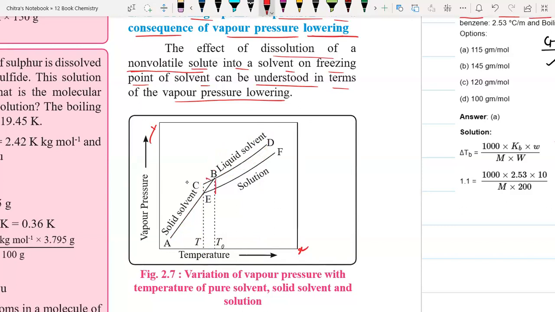That point is T0, the freezing point temperature of the pure solvent. But when we dissolve a non-volatile solute, it is going to lower up to here. That difference is called depression in freezing point. So this is for the solution and this is for the pure solvent.